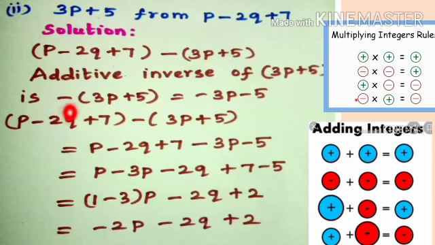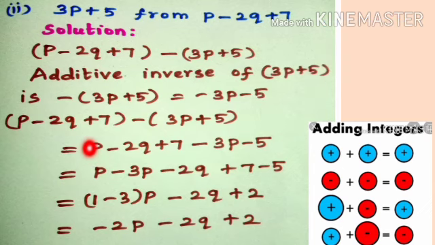So minus into plus is minus and minus into plus, again it is minus, by using multiplication of integers. So when we subtract, we need to add the additive inverse of the second term to the first term. The first term is p minus 2q plus 7 and the additive inverse is minus 3p minus 5. So we have to add, and write down here the additive inverse, which is minus 3p minus 5.